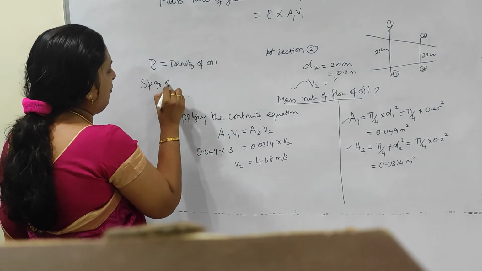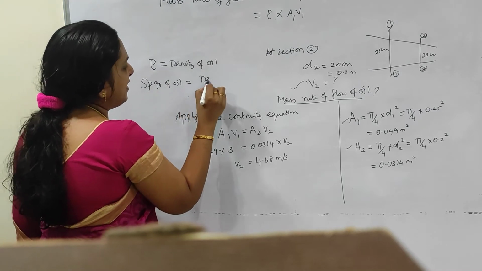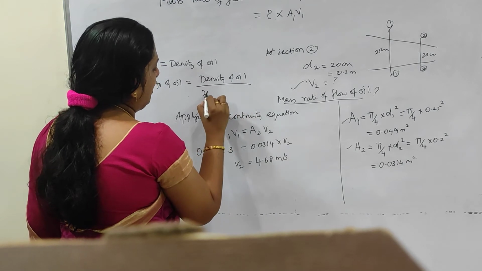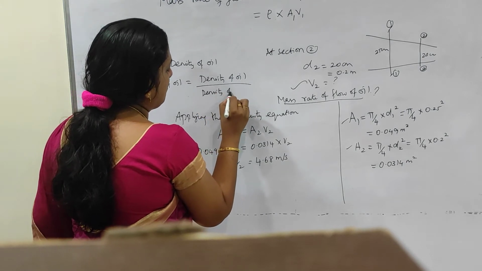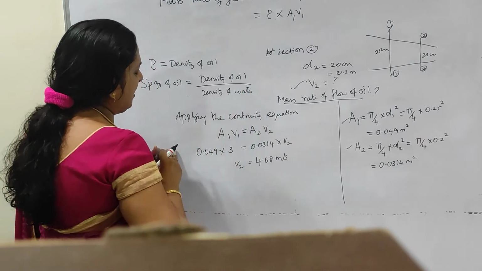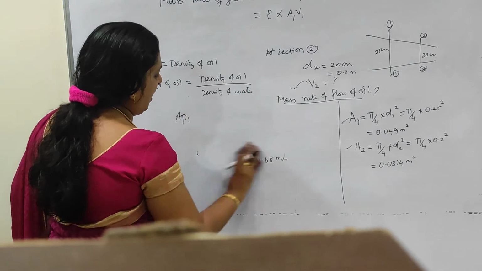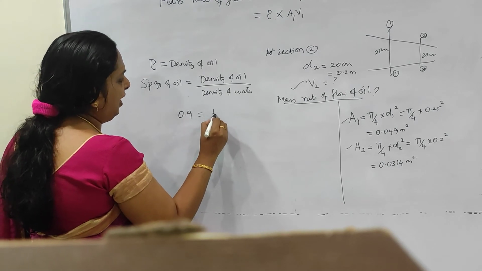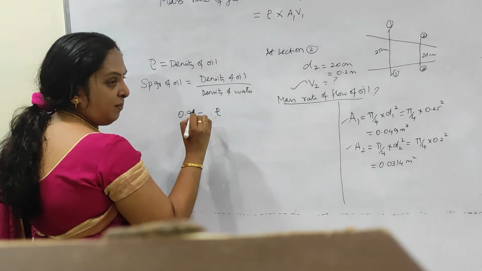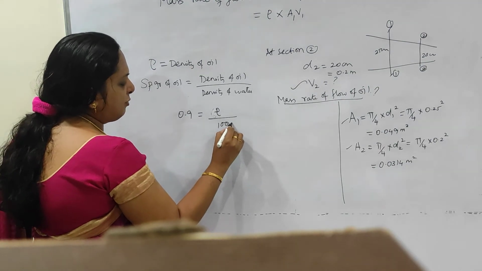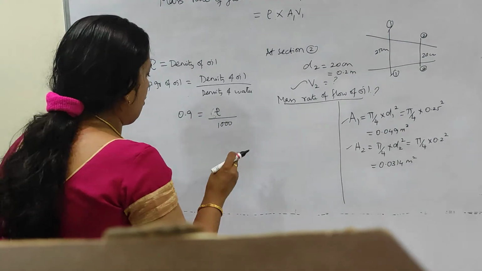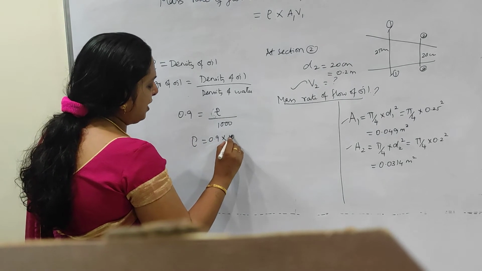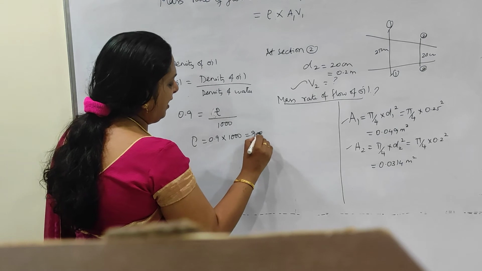Specific gravity of oil is equal to density of oil by density of my standard substance, that is water. So I am going to find out the density of oil. Density of my oil I am giving by rho and density of water is 1000 kg per meter cube, as we know, it is a constant value. So what is rho? It is 0.9 into 1000, that is equal to 900 kg per meter cube.